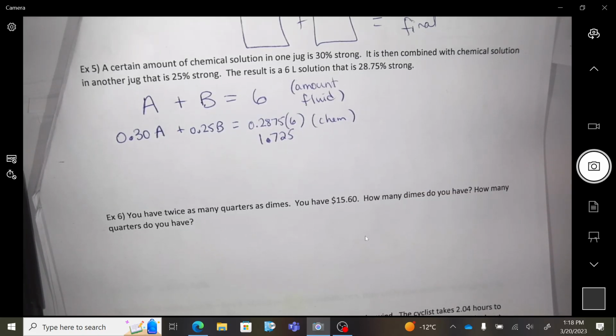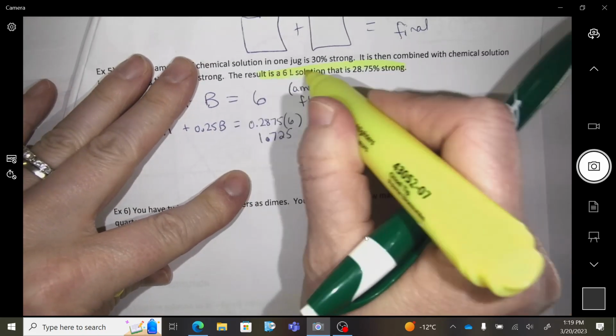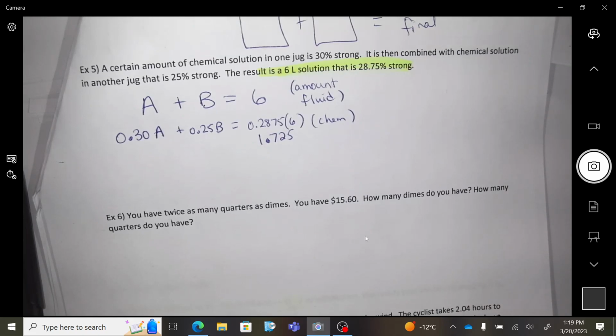Why did you multiply by 6? 28.75% of the 6 liters is chemical at the end. So when you do that kind of math, it's timesing. You know what I mean? When you do a percent of something, you times it by the percent.